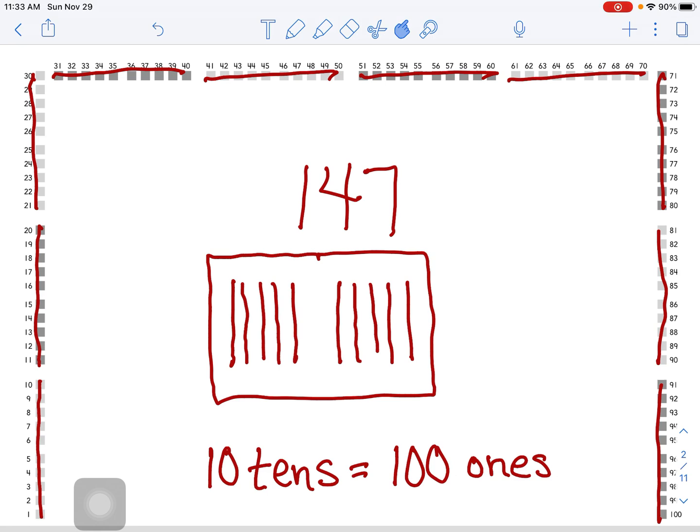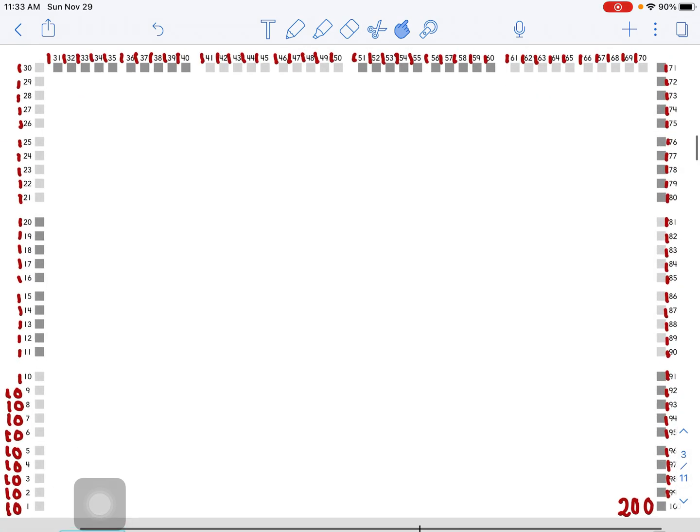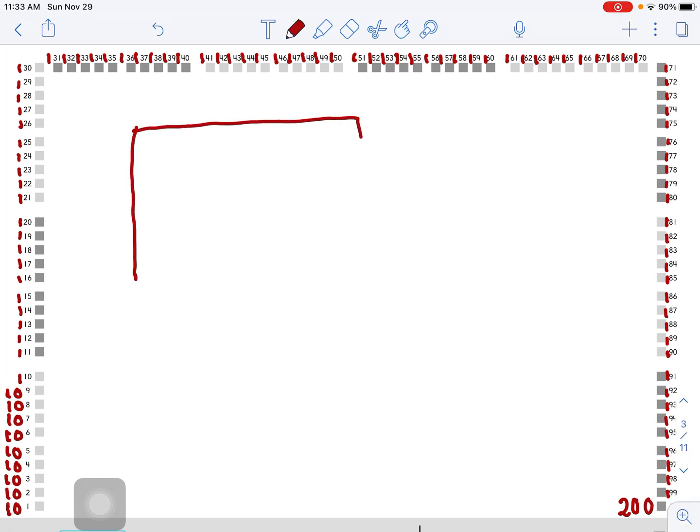All right, and as we're doing this, we are going to go on to our next page, and let's remember that we already have our 100. Remember Mrs. Hagedorn's page is a little bit different, and she went ahead and made it so that we've already done our 100. So now I'm going to represent that, and I don't need to do the 10 sticks again. I can just represent that I already have 100. And for those of you who didn't remember, we're going to be working on the number 147.